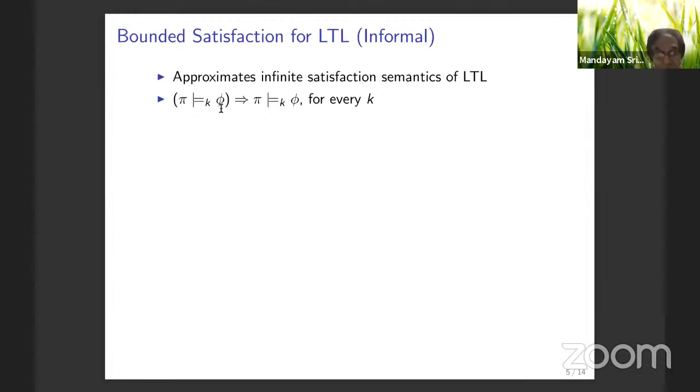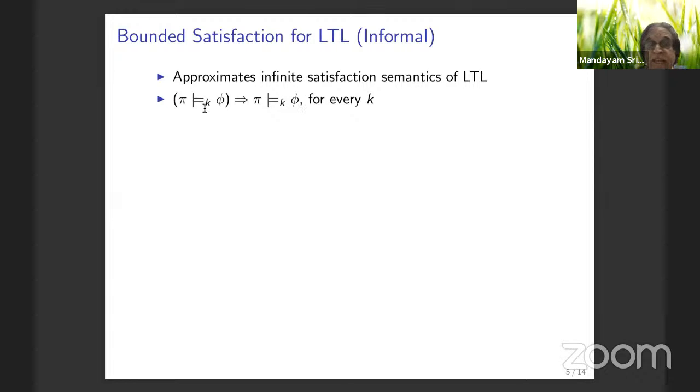I'm sorry, the right side should not have a k. It is defined in such a way that if it is true for some k, then it is also true for the infinite path.